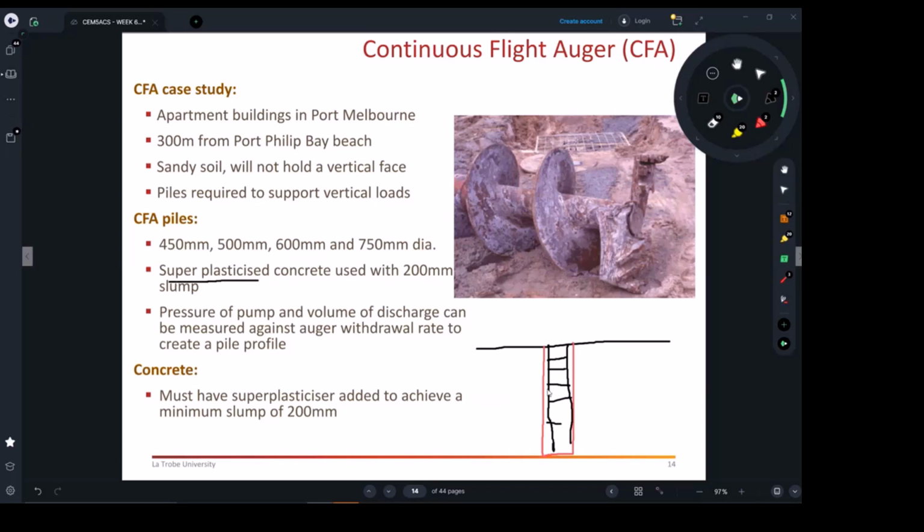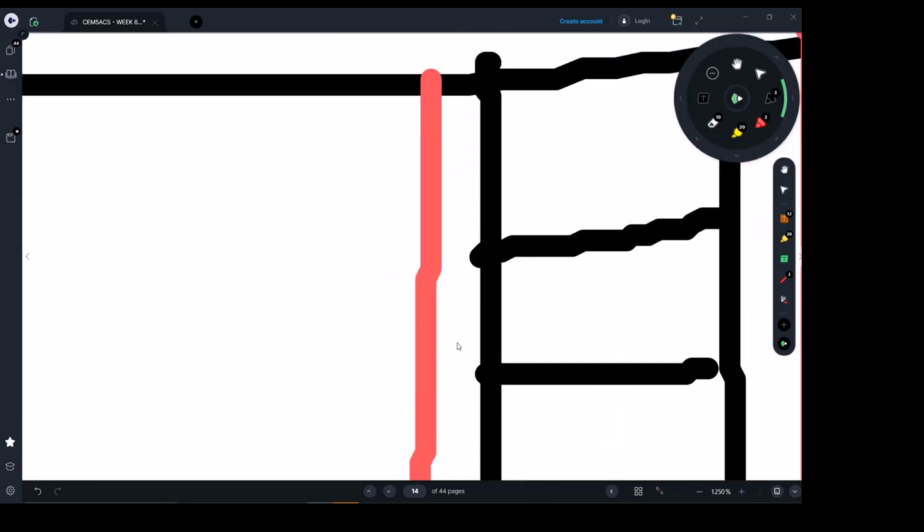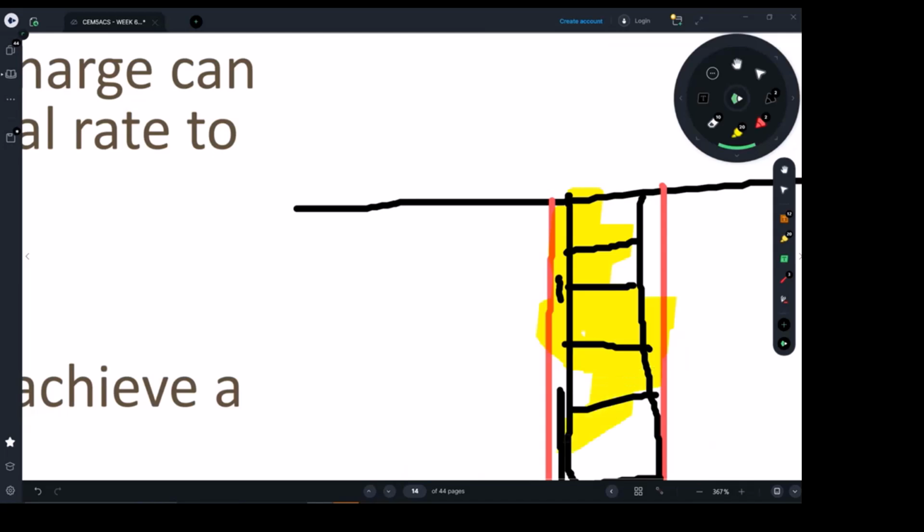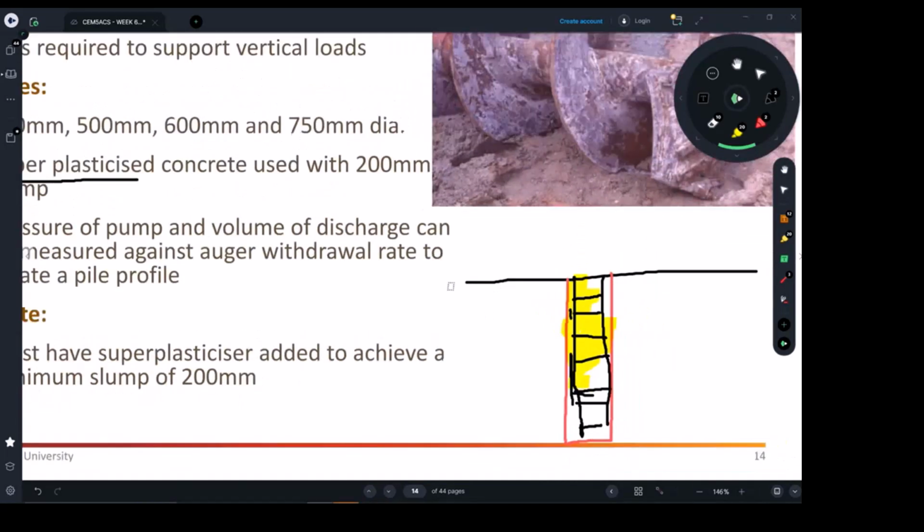This gives you that high workability level. We do that because we want to ensure the concrete is self-compacting and gaps are avoided. Gaps between the soil and within the pile need to be filled. If I draw the concrete as yellow, we need to make sure the concrete is placed all around the steel reinforcement and around the pile.